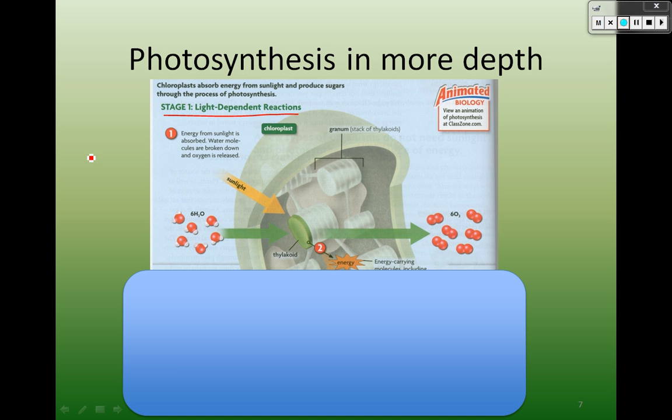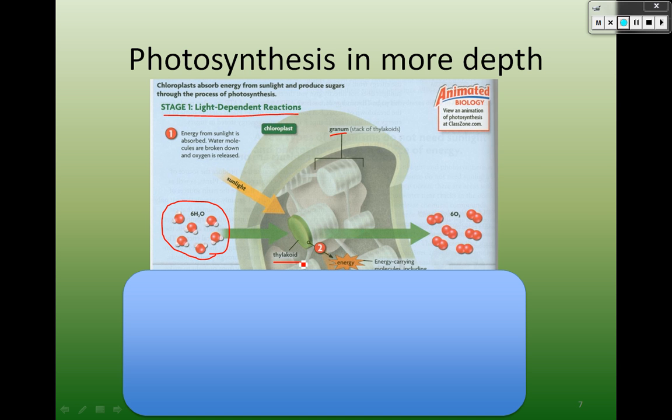And so in the first part of photosynthesis, water enters the chloroplast. Here are our 6 water molecules. And the first part of photosynthesis takes place, and a lot of you on your organelle projects drew these kind of disc or pancake-like structures. The whole thing is called a granum. Here's that. And each little disc is called a thylakoid.